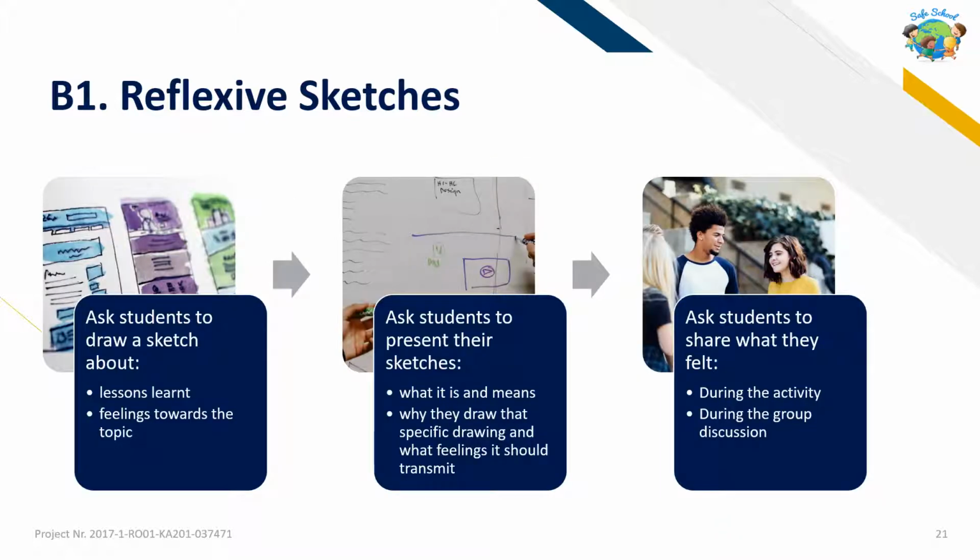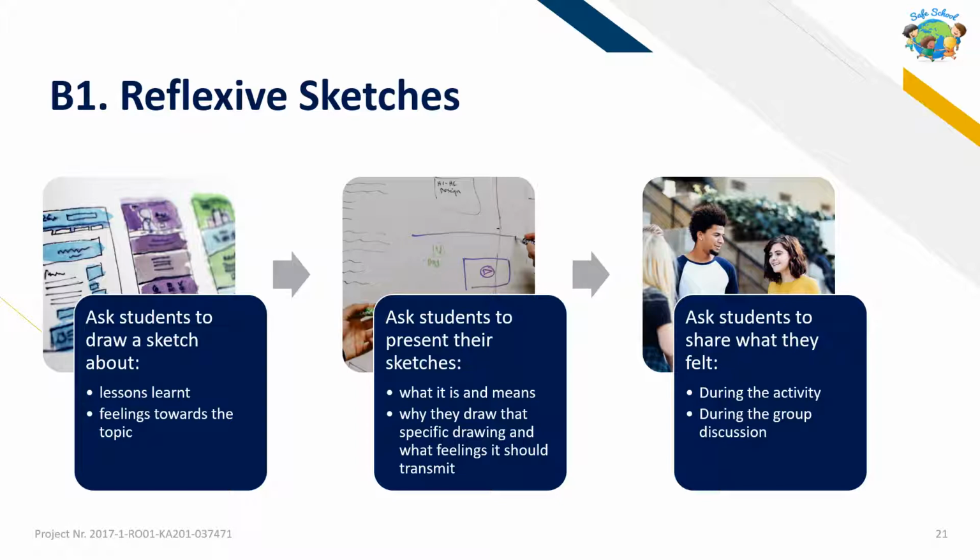In order to implement this activity properly, the teacher must ask students to draw a sketch about what has been discussed, learned, or about a specific situation that has occurred. Through this sketch, for instance a simple picture, the students must transmit the lessons learned and also their feelings towards the topic or that specific situation.